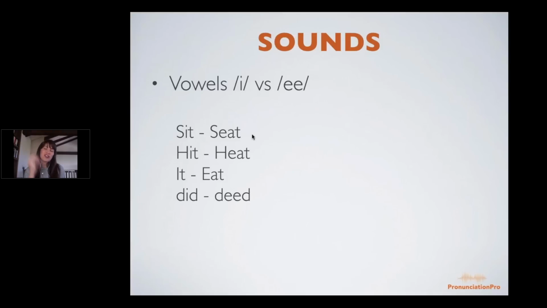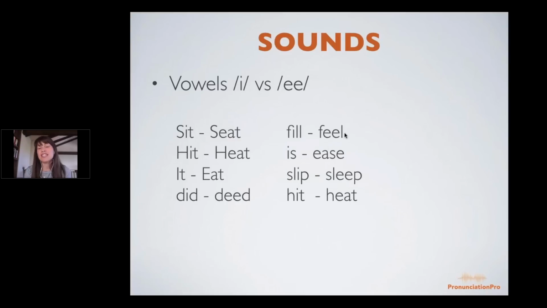All right, your turn. You're going to say one of these, and I am going to tell you which one you said. Okay, I won't cover my mouth. Feel. Okay, you did the second word. Is that right? Yeah. Okay, so now contrast, just like I did. Feel, feel. Okay, good.